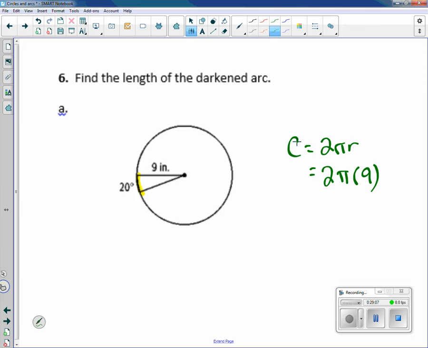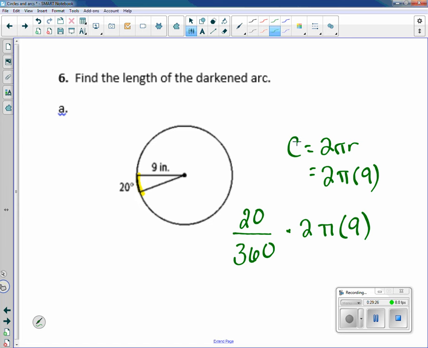They want the 20 degrees out of the whole circle. So you're doing 20 divided by 360 times the circumference. So it gives me only that portion.